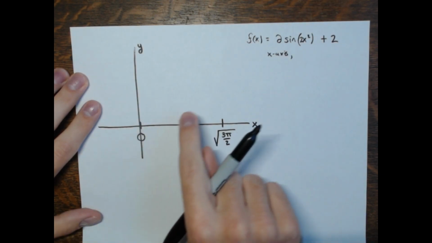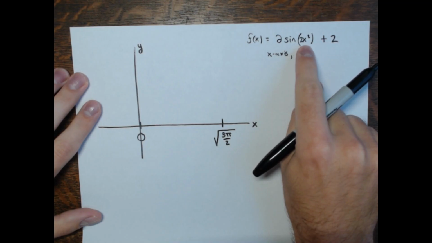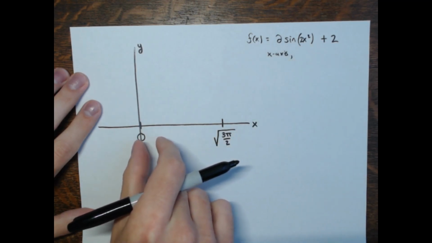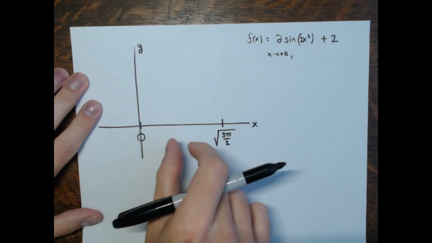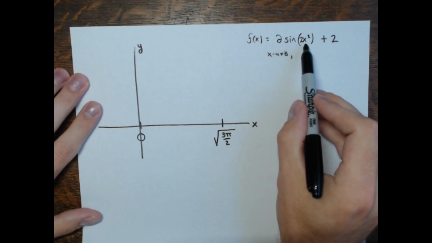So when I plug in 0 here, first off, this is a sine function, so it'll be kind of like a wave. Squaring everything is just going to condense the stuff between 0 and 1 radian, and then extend the stuff after 1. So you have a mixture of a compression and stretch horizontally. But remember the value of the sine of something?